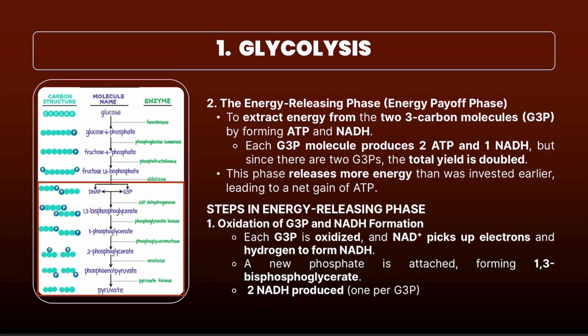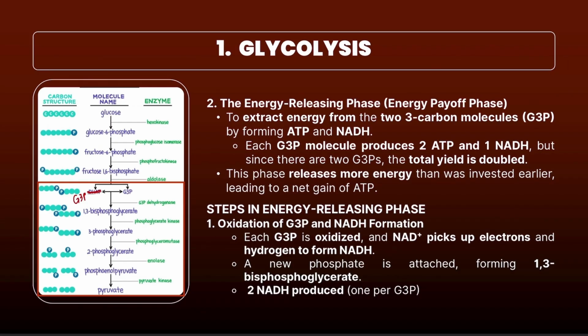Each of the 2 G3P molecules, so the DHAP again will now be G3P. Each of the 2 G3P molecules will undergo the next steps, meaning the reactions occur twice per glucose molecule.